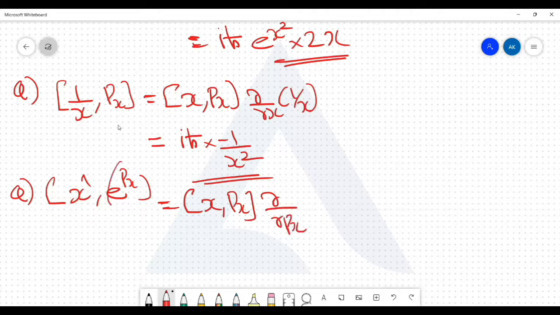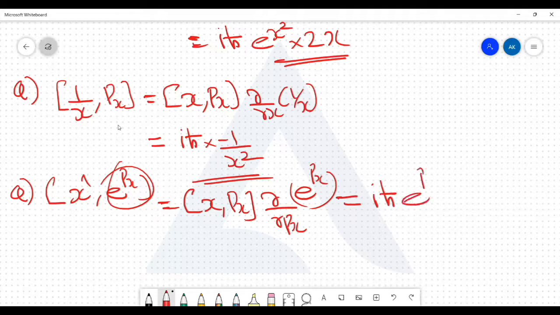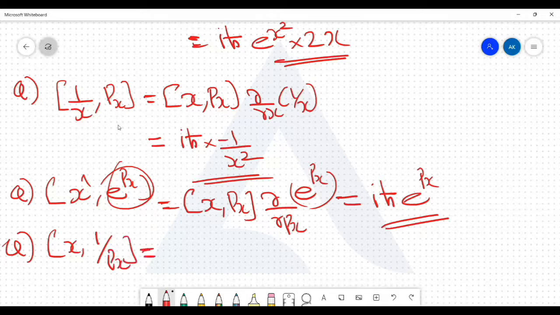Why? Because f of b is a function of px. So e raised to px. So this is iħ. The derivative of this will be e raised to px only, no other change. Suppose you have something like this, [x, 1/px]. So [x, px] is iħ. I am writing it in a single step. The [x, px] commutator will be iħ. The derivative of 1 by px will be minus 1 by px square.